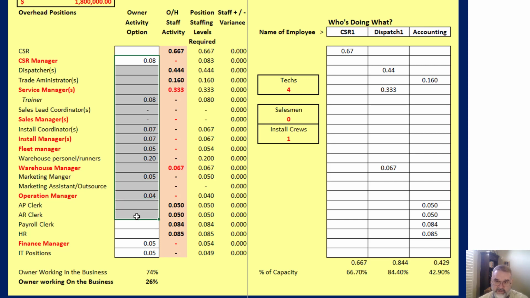So he's wearing a portion of a hat for all of this, and that's going to represent 74% of his time, with 26% of his time to work on that business. Now this would be a makeup of a company with 4 techs and 1 install crew. And more than likely the owner is the salesman in this one, because I have no salesman in this, so he's wearing a salesman's hat here.